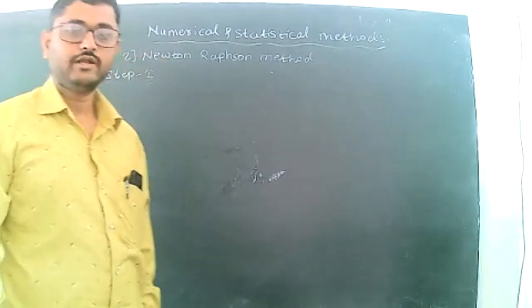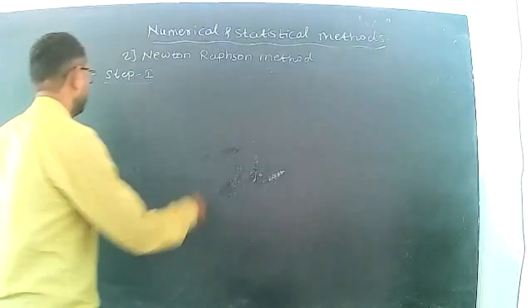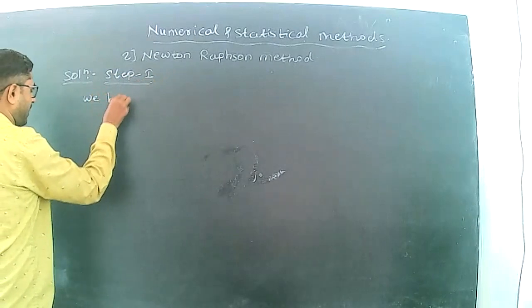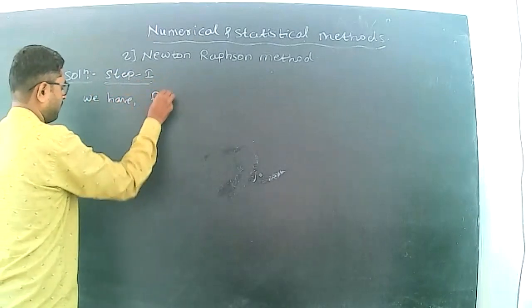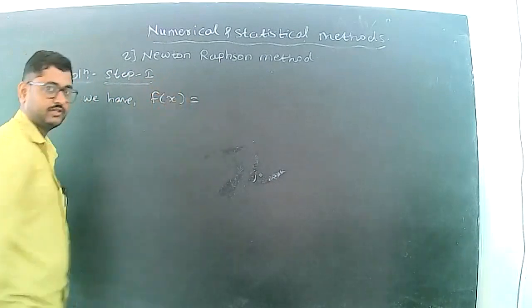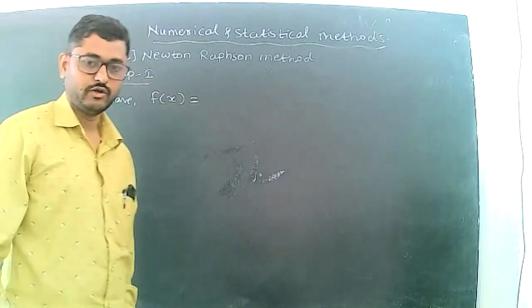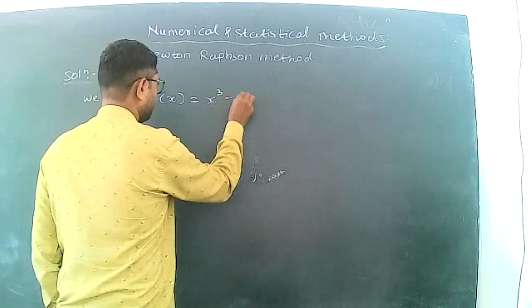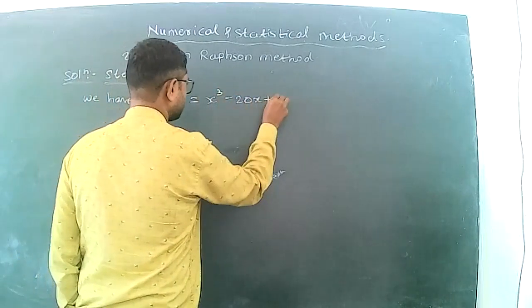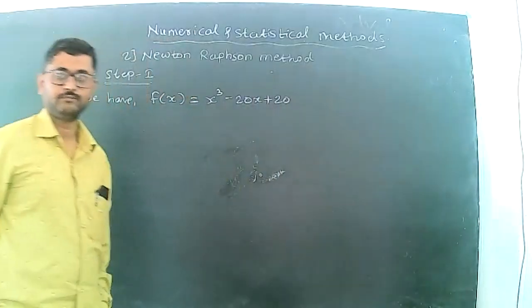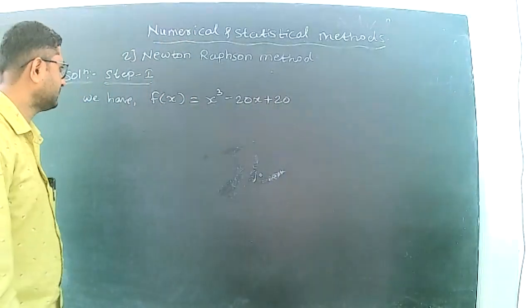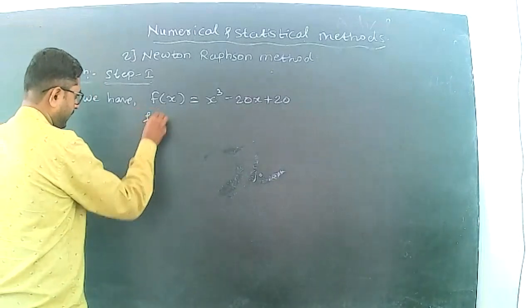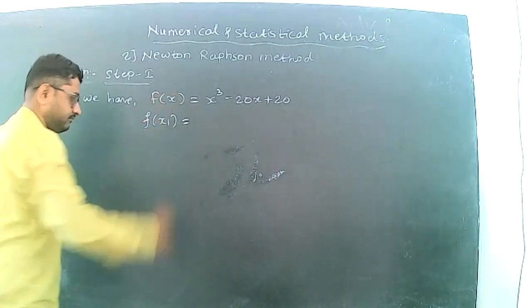Step first is to calculate the value of f dash of x1. We have f of x equal to x cube minus 20x plus 20.